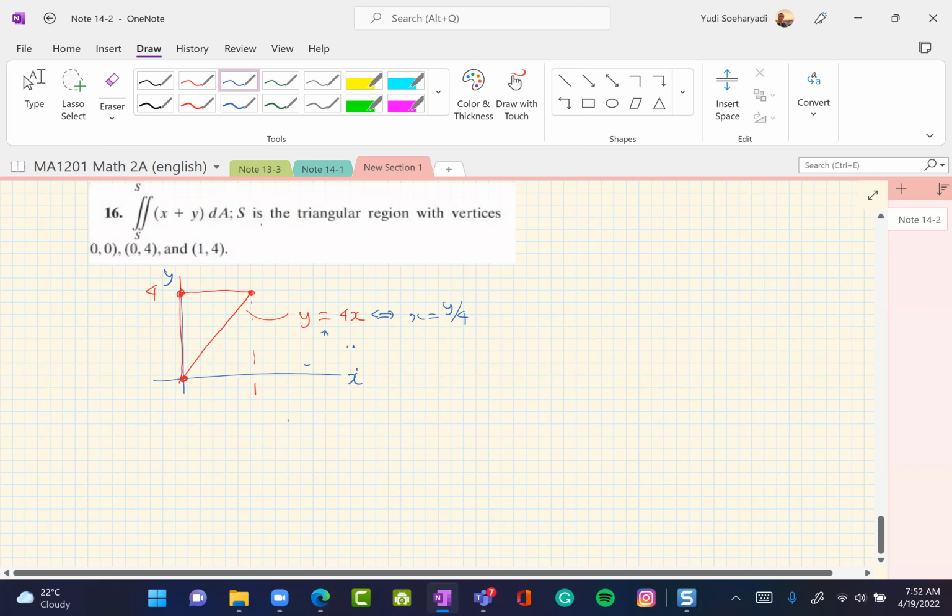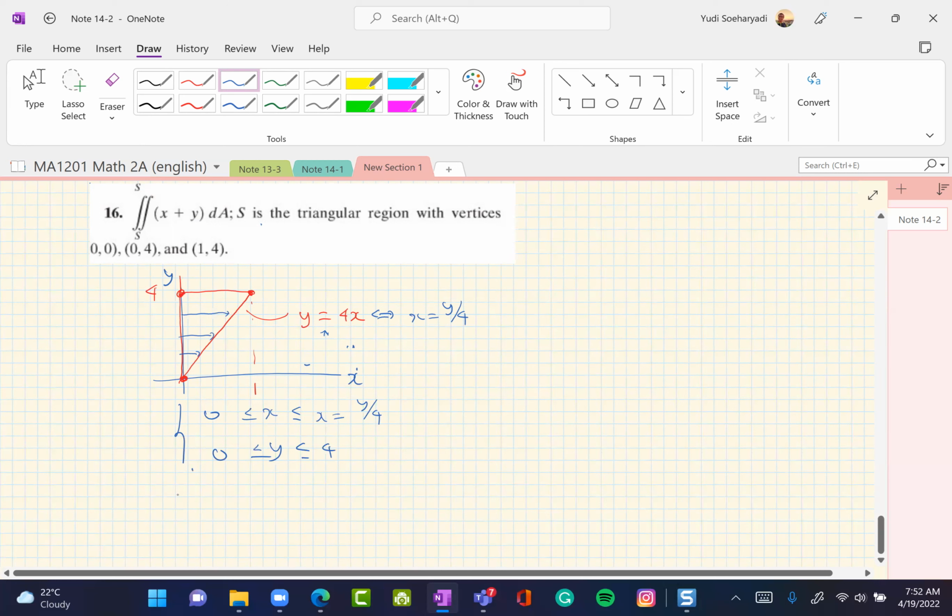All right, for example, if you want to do the x first, the x first is going in this direction. So in this direction, x is from 0 to x equals y over 4, and y moves from 0 to 4.